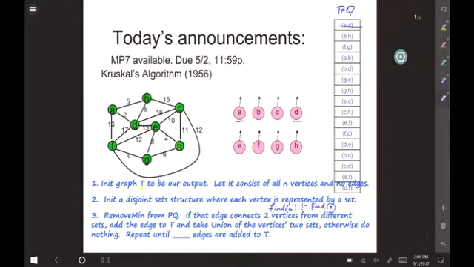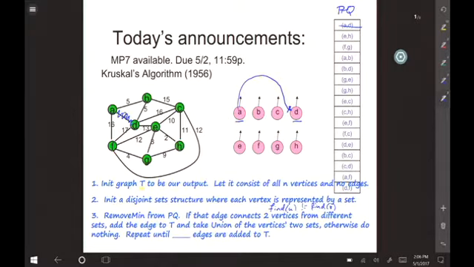Add the edge to T and take the union of the two sets, indicating that now we've got a sub-solution to the problem, that among each of those sets, we have the minimum spanning tree containing their vertices, okay?